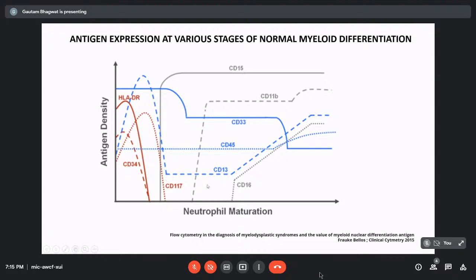Then coming to CD13, this is an interesting marker. Initially, there would be presence of CD13, then the CD13 gets lost in the middle stages of maturation. Then again from the metamyelocyte stage, you would find CD13 coming back. The CD16 or CD15 would not be present in the blast. CD15 would come from, say, the myelocyte stage, and CD16 from most likely the metamyelocyte stage. So understanding of these markers becomes very important in terms of which marker is likely to be present in which stage.